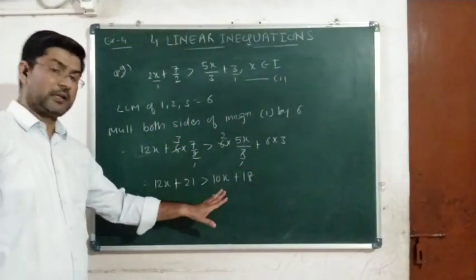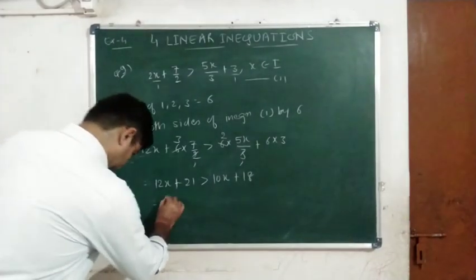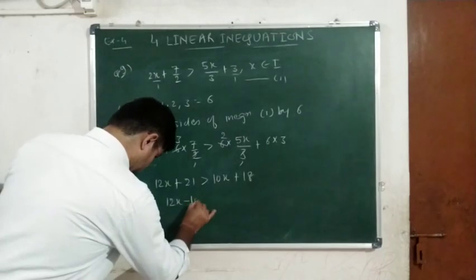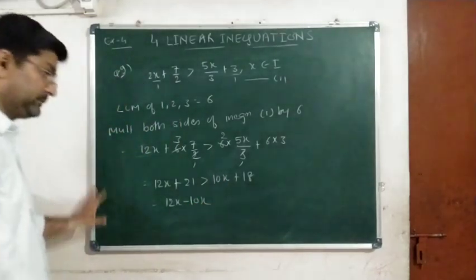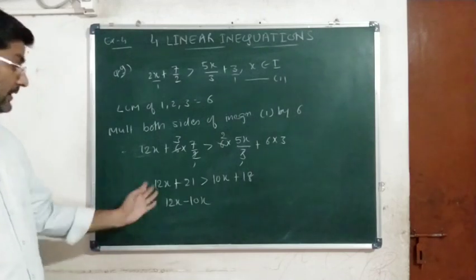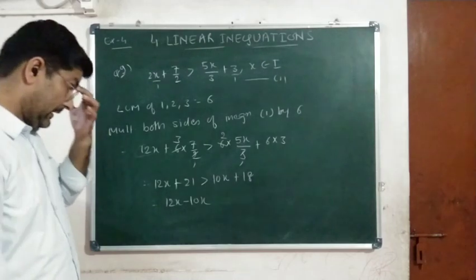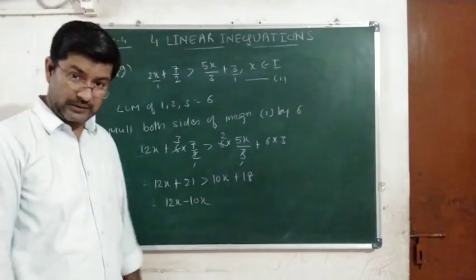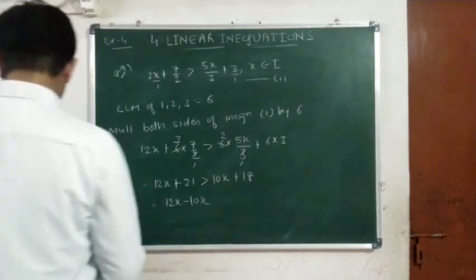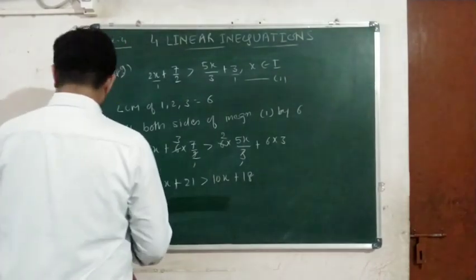Let us transpose this 10x to the left hand side and 21 to the right hand side, or you can add minus 10x on both sides, if you follow the steps properly.